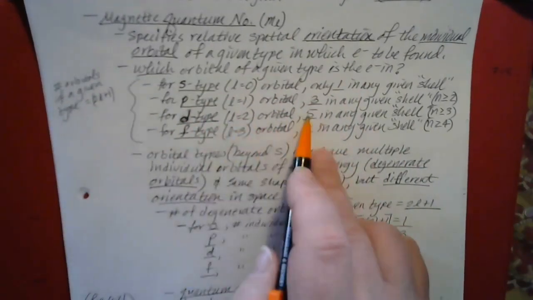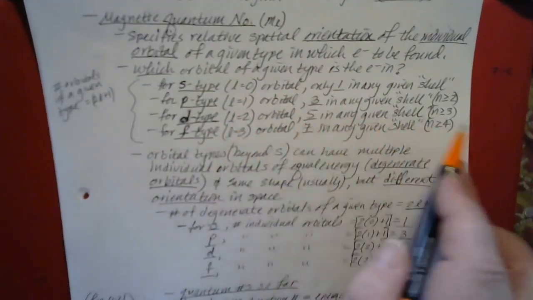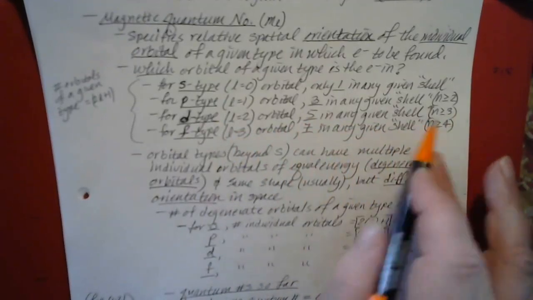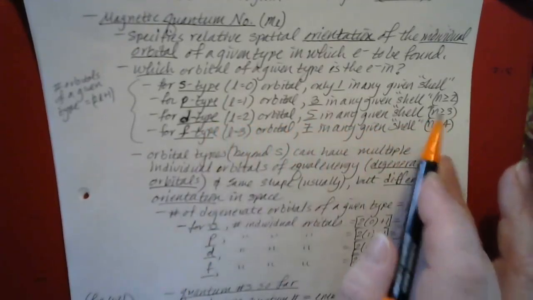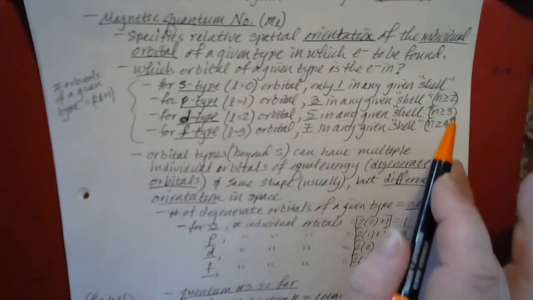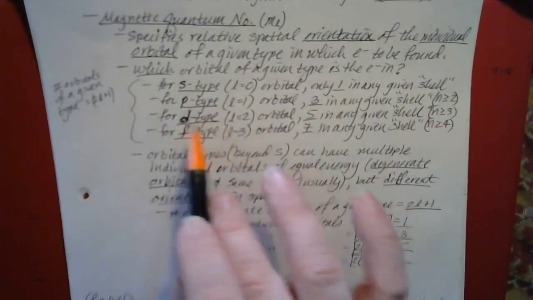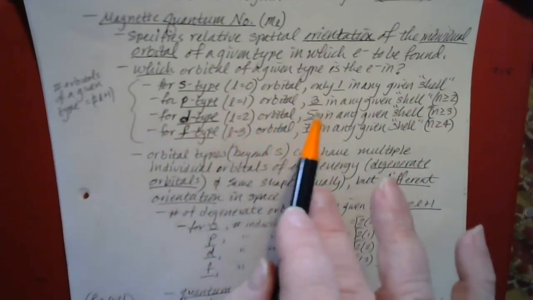We already saw that there are 5 of those in any given energy level that has them, but the only energy levels that have D-type orbitals would be n equals 3 or greater. And sure enough, 2 times L plus 1 would be 2 times 2, which is 4, plus 1, which is 5.